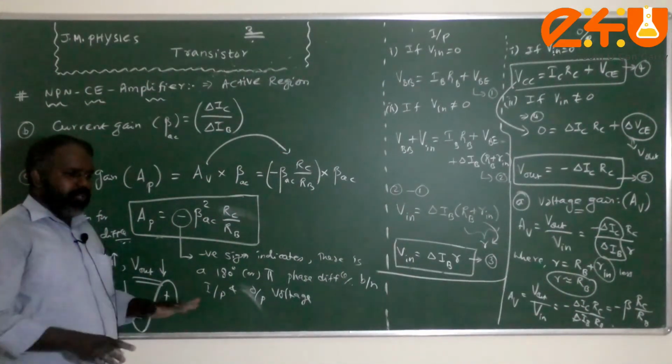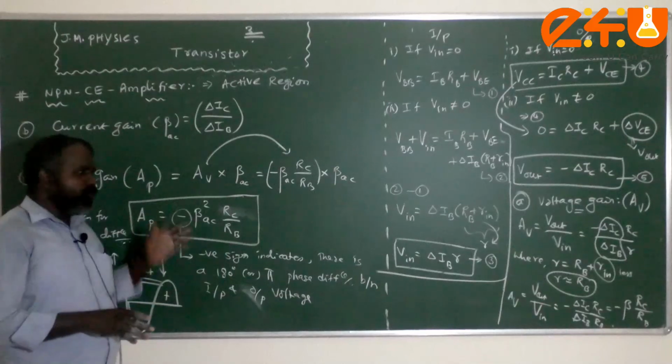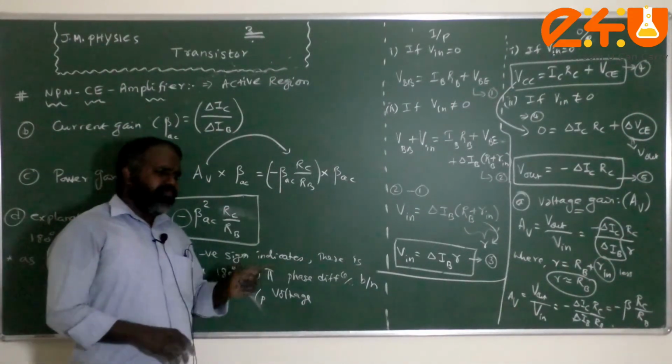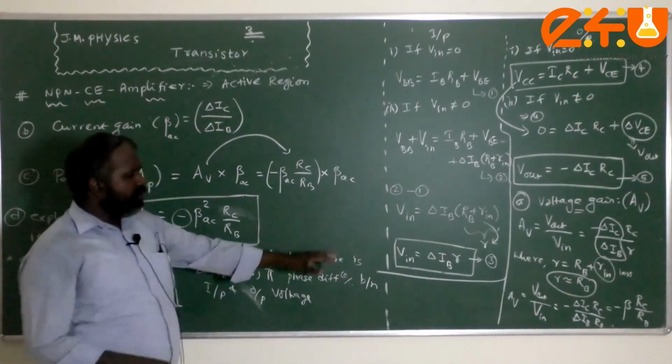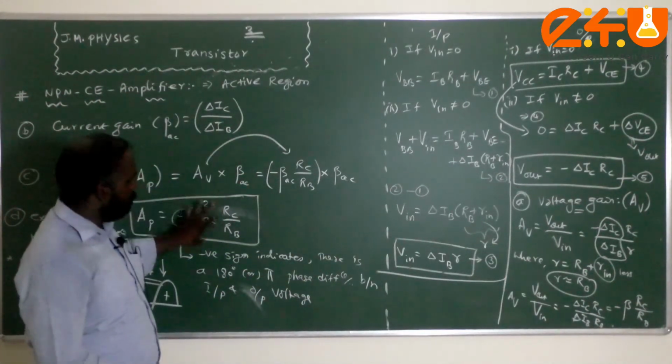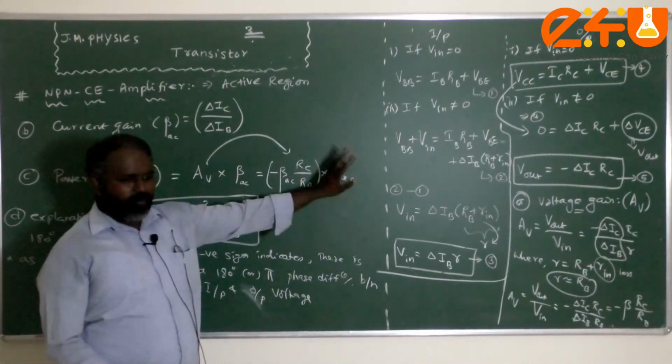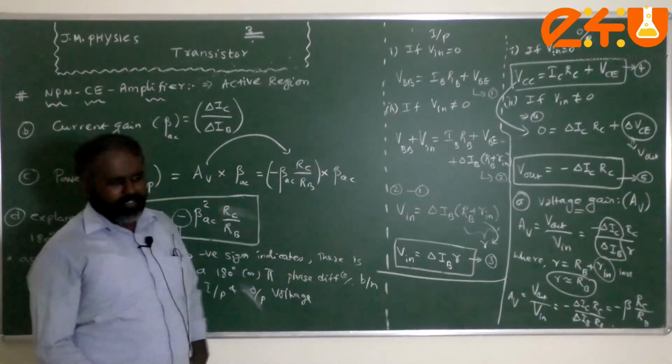Very simple. The idea to solve such circuit-related questions is to memorize the important standard results, that is power gain, voltage gain, current gain, and on what basis we have written the voltage equation.